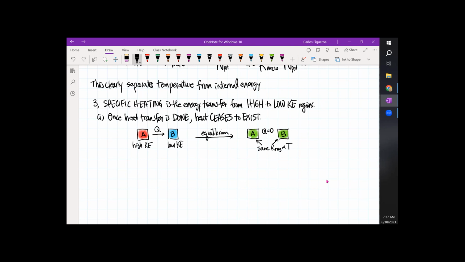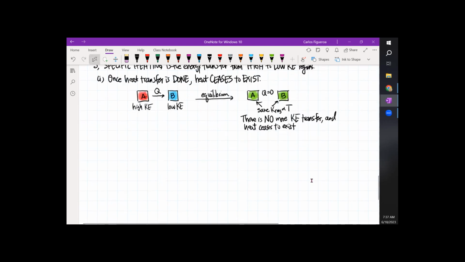So what I'm really saying is that there is no more kinetic energy transfer, and heat ceases to exist. I know I said this twice, but a lot of people confuse this, what we mean by heating.